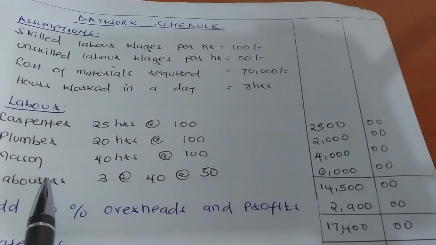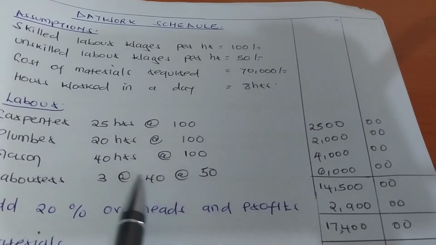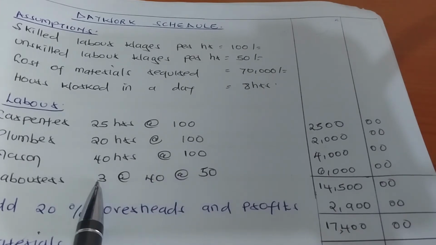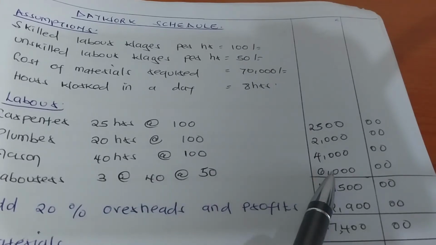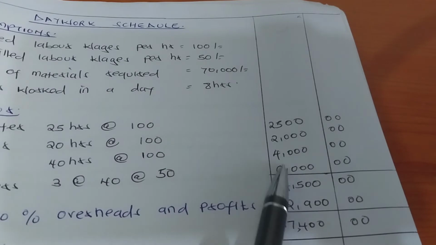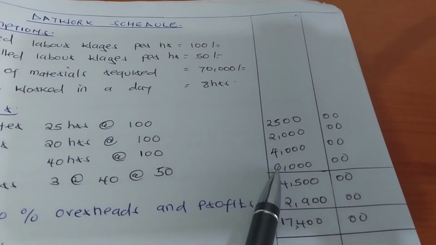Laborers, we are told there are three of them. They are working for 40 hours at 50 bob. Those are unskilled, so they are working at 50 bob each. So for one hour, three of them, 40 hours, that is 6,000. So the total for the labor, 2,500 plus 2,000 plus 4,000 plus 6,000, gives us 14,500.